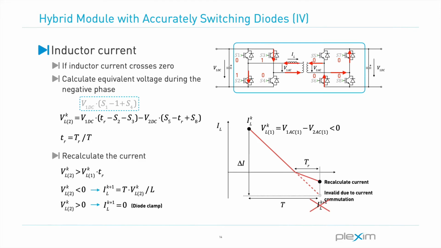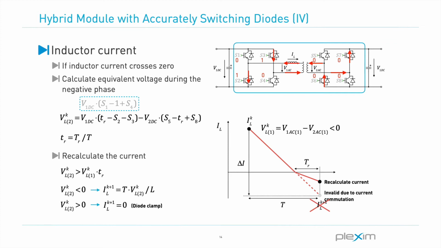This can be seen here. So now when we assume that the inductor current is negative, then we also see that we have a different applied voltage to the inductor, and instead of having this old simulation result of IL of k+1, we need to recalculate this current. And this means, for example, that the slope of the current changes within that simulation step.